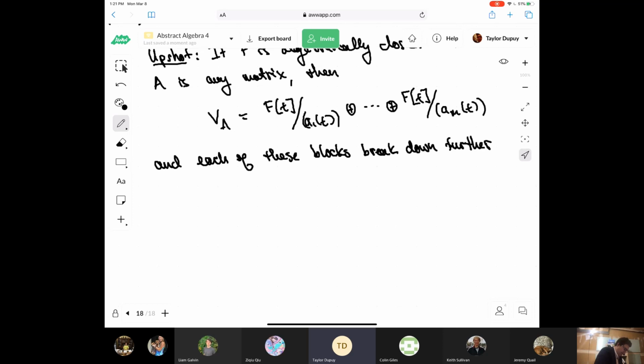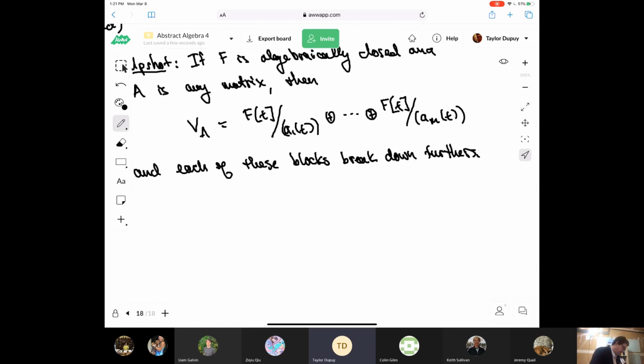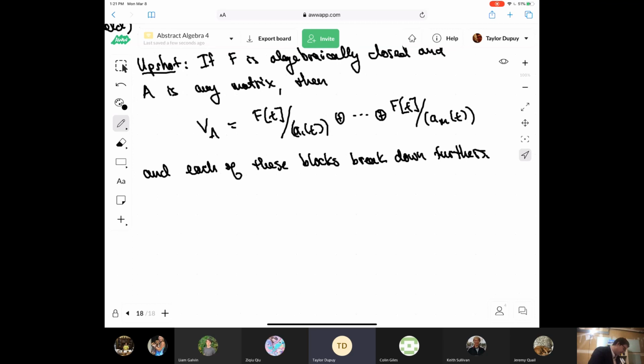Okay, so why am I calling these blocks? Well, each of these factors corresponds to a block in the matrix in its rational canonical form. Okay, so you have these Ai(T). These become a product from j equals 1 up to n_i of (T minus ...), and let's say that they're monic.